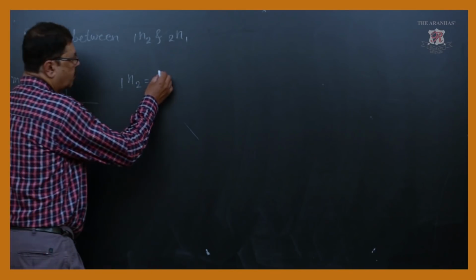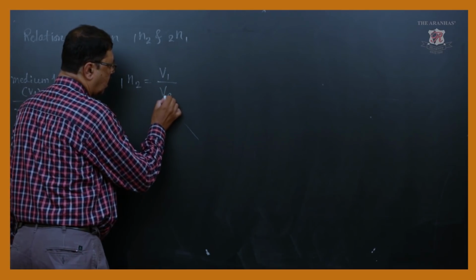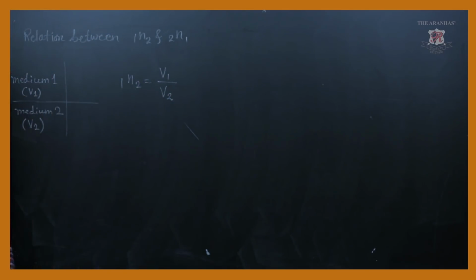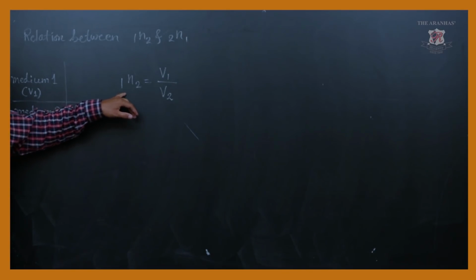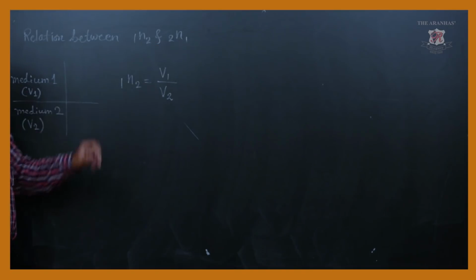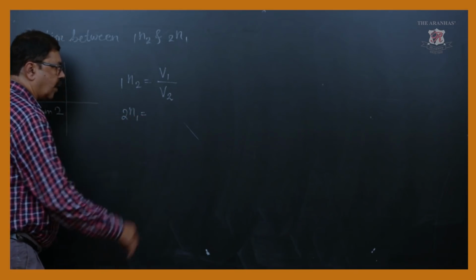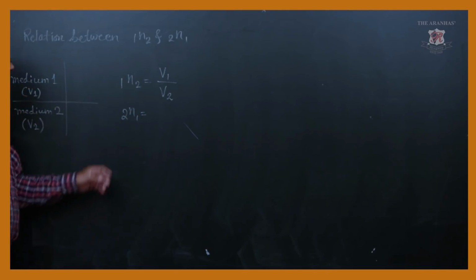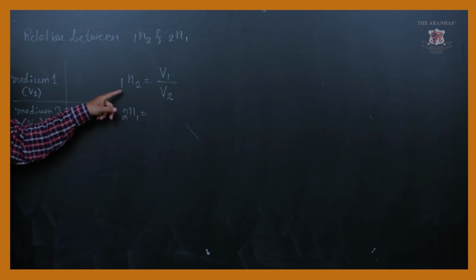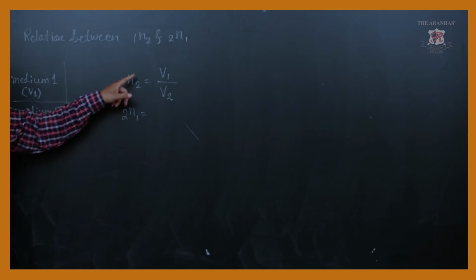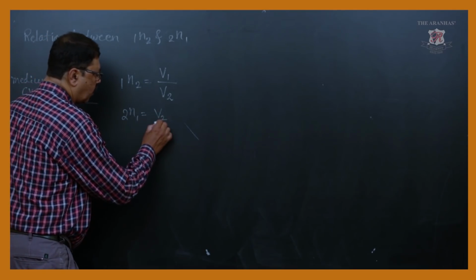Just now we said it is v1 upon v2. Now I want to write the same type of equation for the second one. 2n1 will be given by, can you think? Here for refractive index of second medium, we wrote the velocity in the first medium in the numerator. So I will have to write here v2 upon v1.